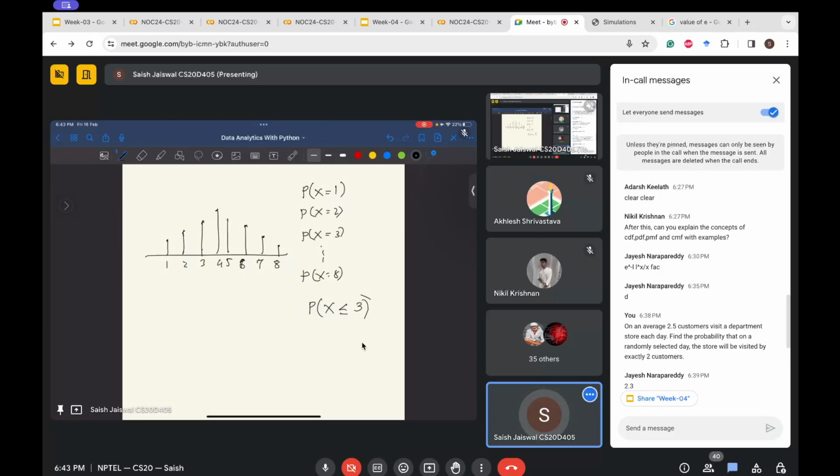Anyone? Any answer? What is the probability of x less than equal to 3 in this case?